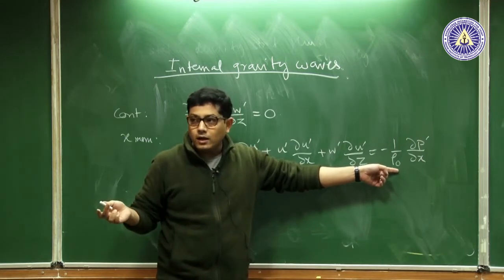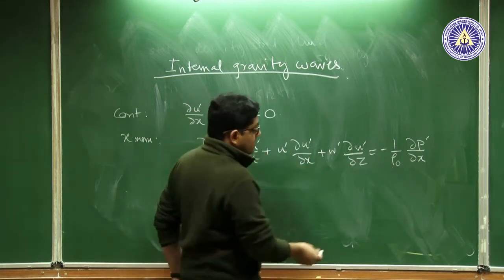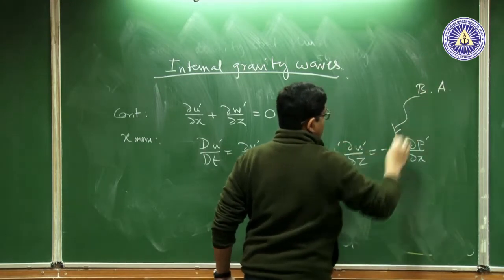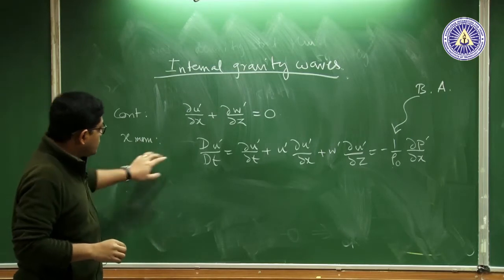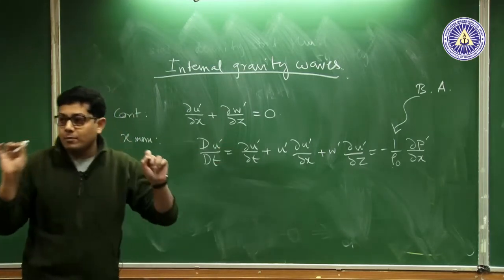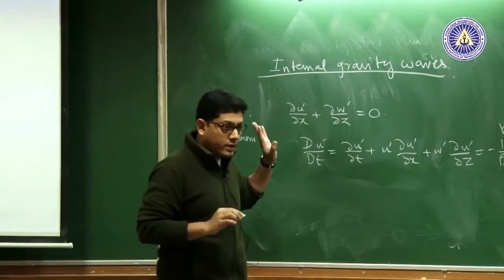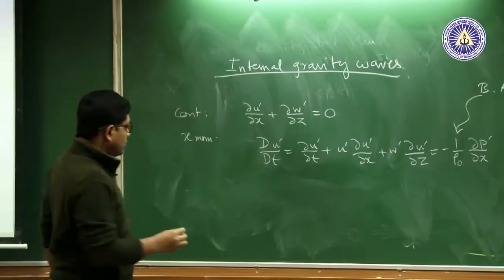We talked in the last class about what? Boussinesq approximation, yes. So, Boussinesq approximation has been invoked. So, density, here otherwise you had rho bar plus rho prime, which you can take simply as rho bar, or whatever is a reference density rho 0.